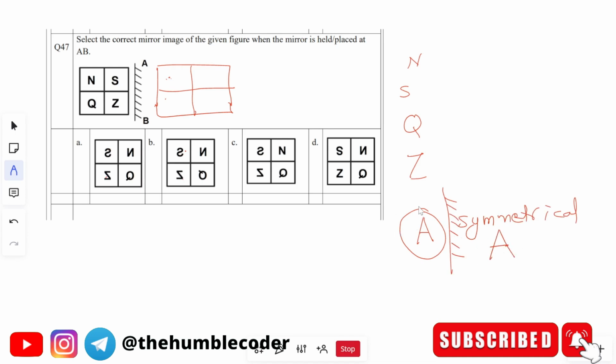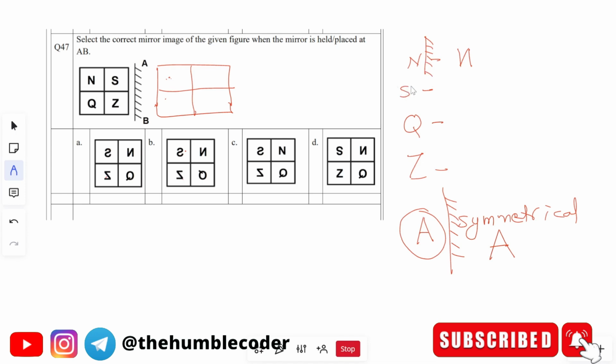So now we have to understand, in our case, do we have any symmetrical letters or not? N is not a symmetrical letter, because N appears reversed. This is how N will appear if the mirror is placed on the vertical side, that is the right side. That is why N is not a symmetrical one.